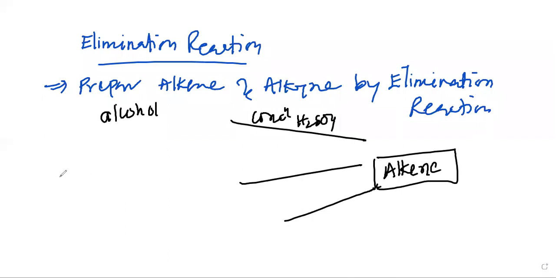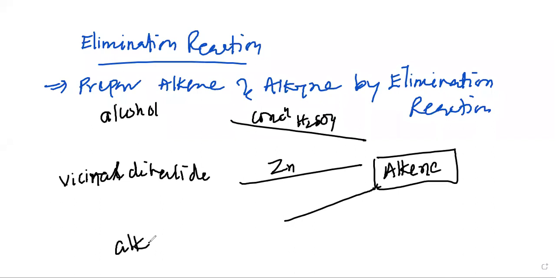We can prepare it from the vicinal dihalide with the reaction with zinc. We have also seen that we can prepare it from the alkyl halide using alcoholic KOH. This is how we can prepare alkene.